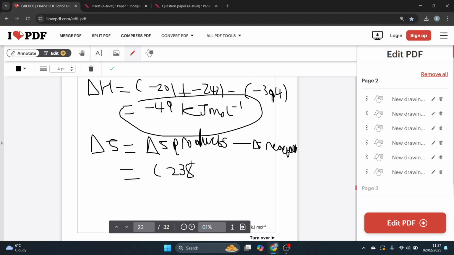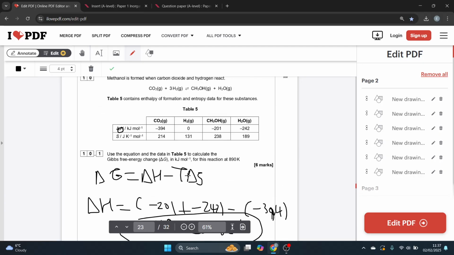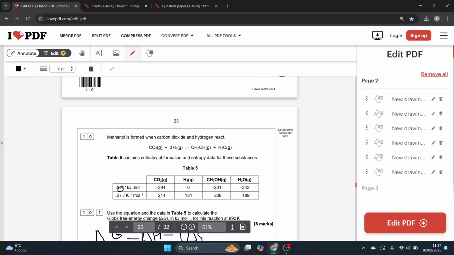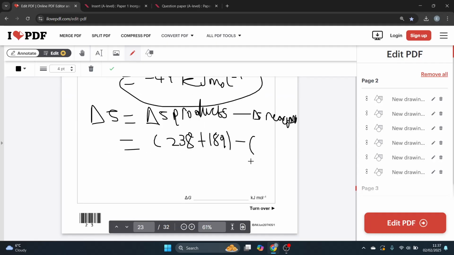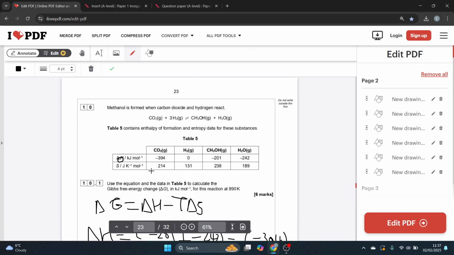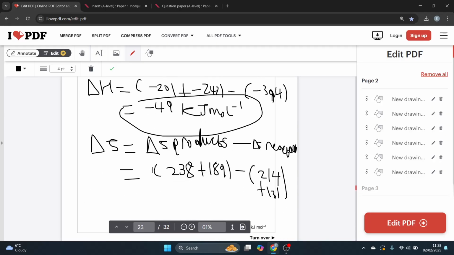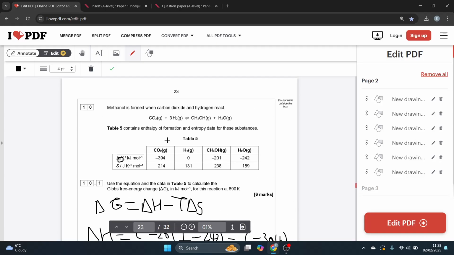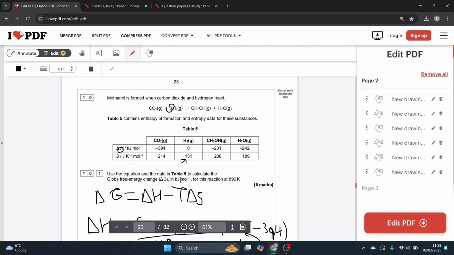In the exam, definitely always show your working, and I'm going to do it here as well, so if I get the answer wrong, I can see what went wrong. Minus entropy of reactants, 214 plus 131. There's one thing I didn't check: moles. That's another mistake I was about to make. If I put it in the calculator, I've got 3 moles of hydrogen, so this value of H2 needs to be times by 3.